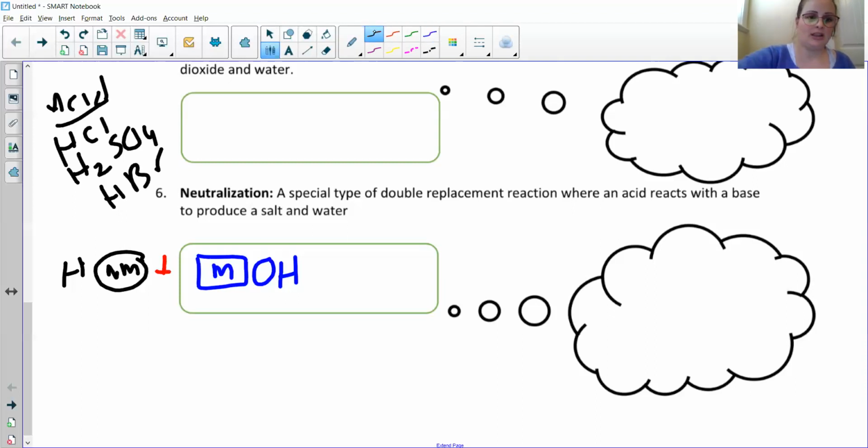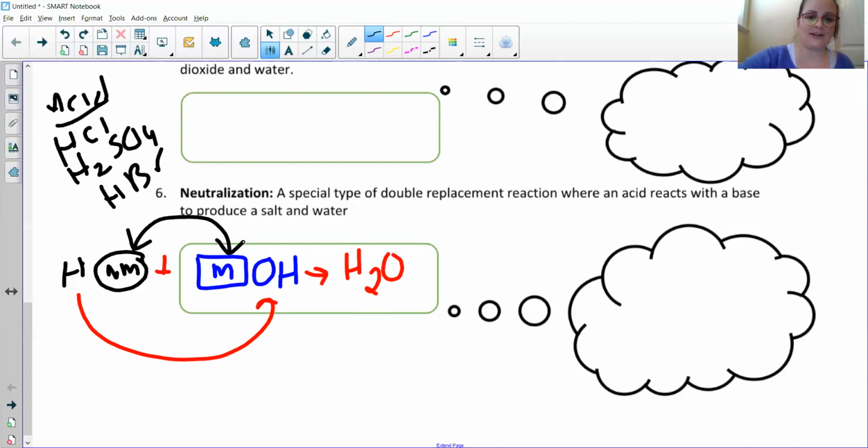So the H and the OH will join to form water. And the metal and the non-metal, and remember we have to write the metal first, so it's the metal plus the non-metal will form a compound.